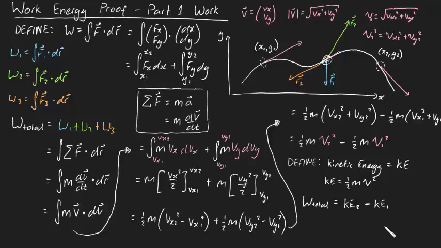And we can simplify this even more because this is your kinetic energy at your second point minus your kinetic energy at your first point. We can write our total work. Our total work is going to be equal to your change in kinetic energy. Wow. What a crazy result.